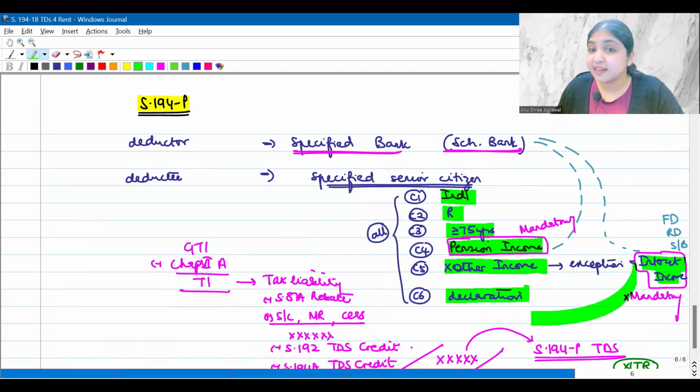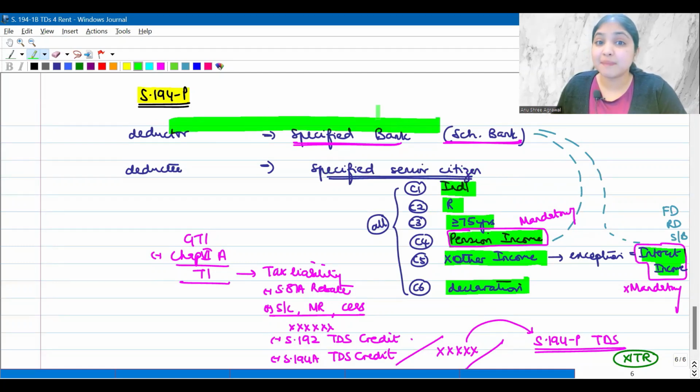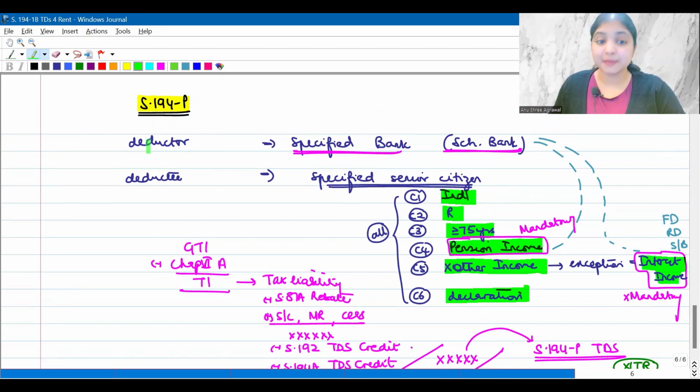Whatever TDS credit is available, we'll avail all that, and whatever is the balance tax liability of the specified senior citizen, that balance tax liability will be deducted by the specified bank. If section 194P is applicable, if the deductor is deducting so much tax under section 194P, then the deductee, the specified senior citizen, need not even file his income tax return. Getting it? This is section 194P.